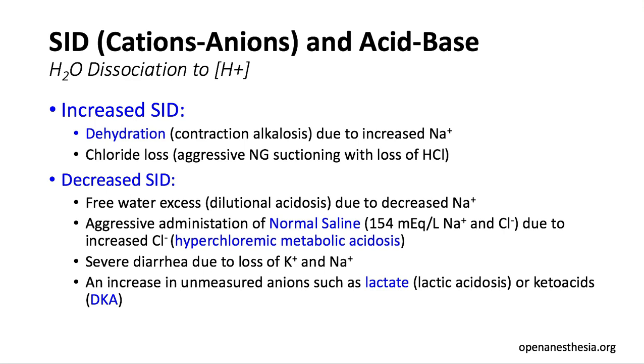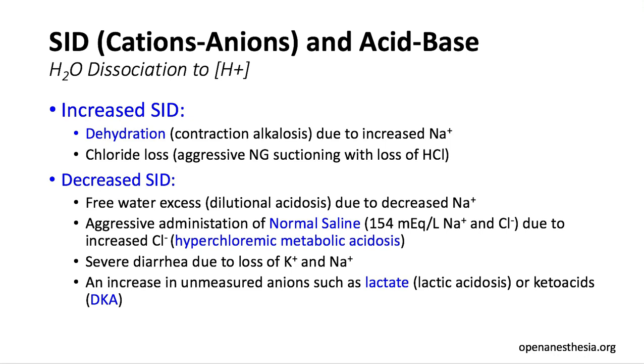That's an increased strong ion difference. Another example would be loss of anions, like chloride loss from aggressive NG suctioning. Now what happens is you have a lot of water in your body, and as the ion difference occurs, water can dissociate to hydrogen ion and make up some of these differences.